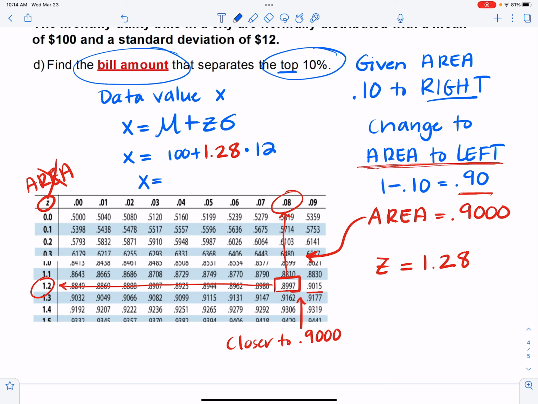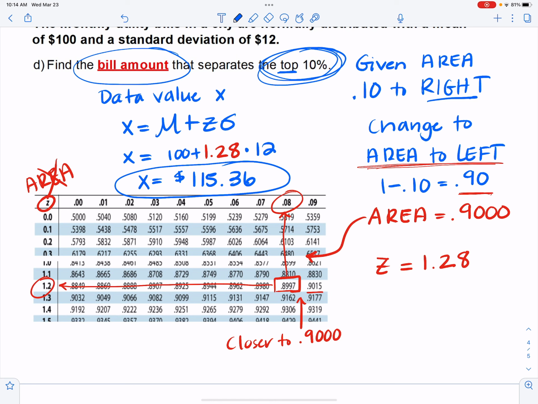I'm going to multiply that by 12, the standard deviation, add in the mean of 100, and that's going to tell me the bill amount is $115.36. And again, this is the bill amount with 90% to its left, but that's the same thing as the one that has 10% to its right, which is what we were actually asked to find here.